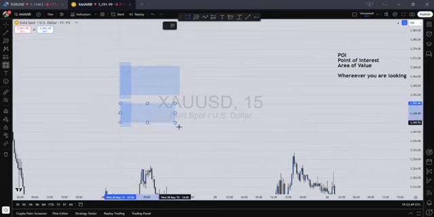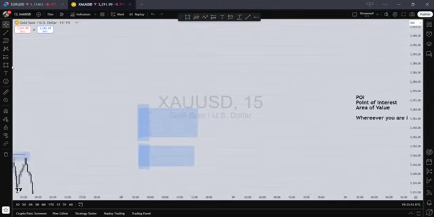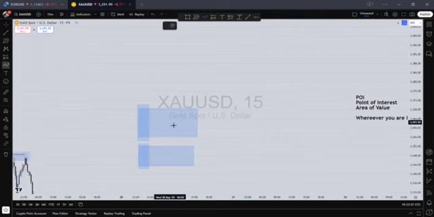If there is no obvious inducement or engineered liquidity at this first one, price will use this first one as the liquidity and come for the second one. So let's say price is coming up like this and coming to tap in without inducement.